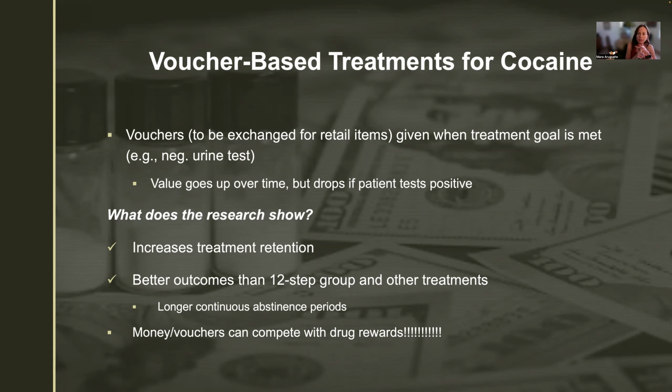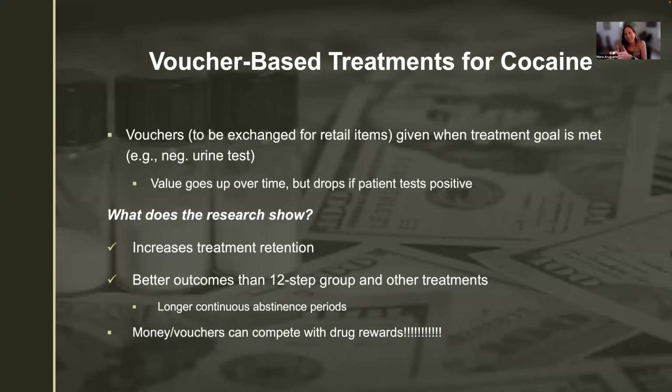Now, the very first test that they come in, so let's say they come in the very first time to the clinic, they get tested, they're going to get some little voucher, some small amount. But then the next time they get tested, the amount goes up. The amount goes up on the 3rd time, 4th time, 5th time, right? So the longer that they're off of the drug, the more they get in terms of the voucher value.